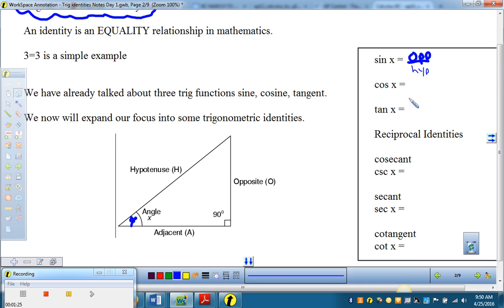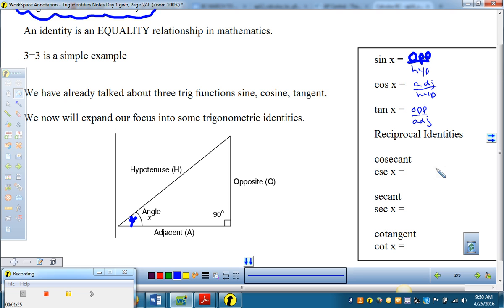Cosine is? Adjacent over hypotenuse. There we go, adjacent over hypotenuse. And tangent is? Opposite over adjacent.